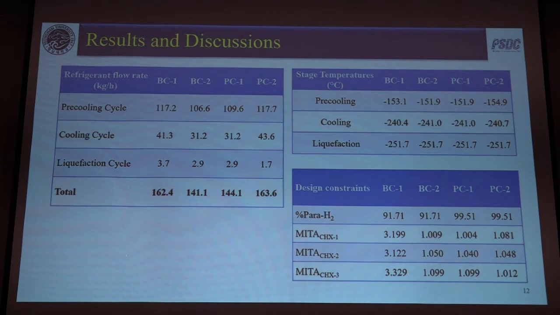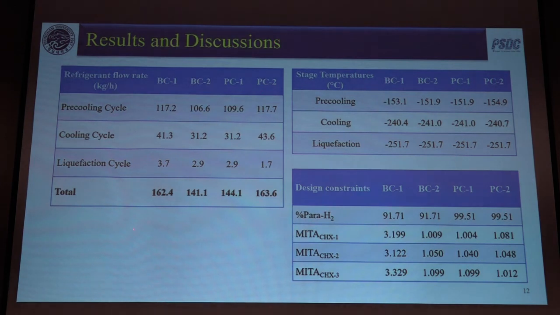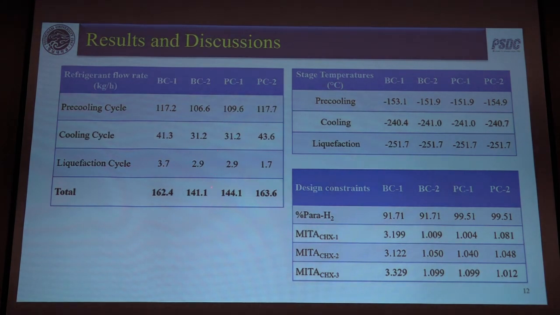You can see that these are the refrigerant flow rates in the individual cases. The first case is the base case, BC stands for base case, PC for the proposed case. So the final proposed case is PC2.